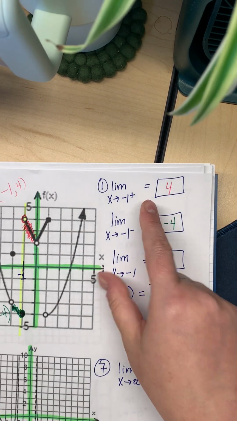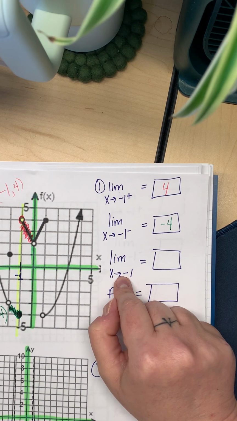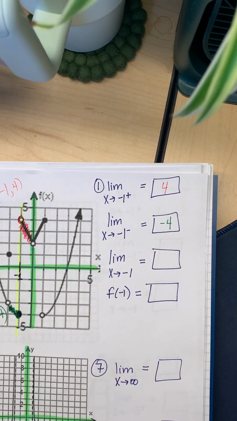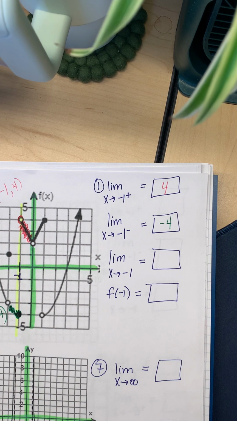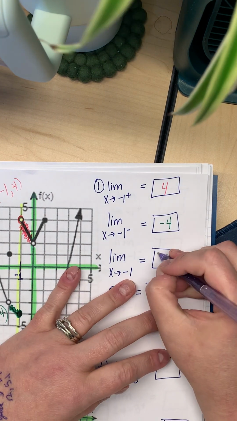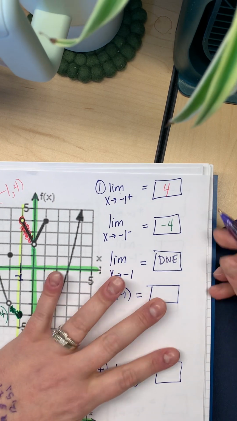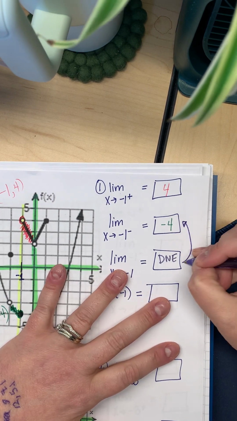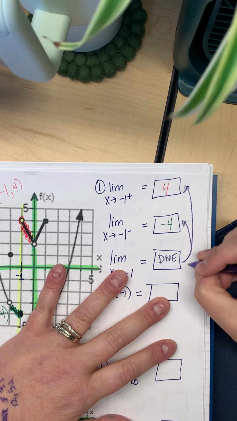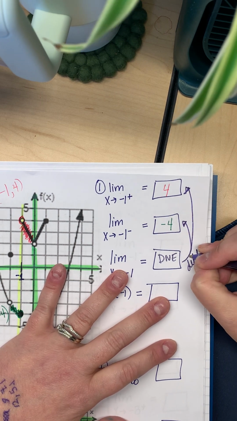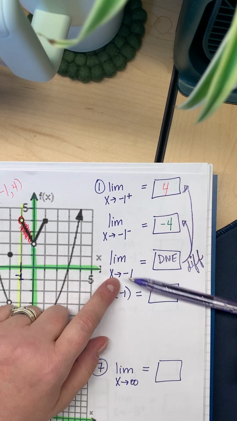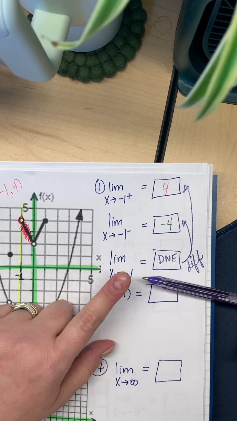Then when you say, okay, well, what about as x approaches just -1, no plus, no minus? Well, this one is going to be does not exist. And it does not exist because these last two, from the left and the right, were different. If they were the same, then the third answer would be that same number.